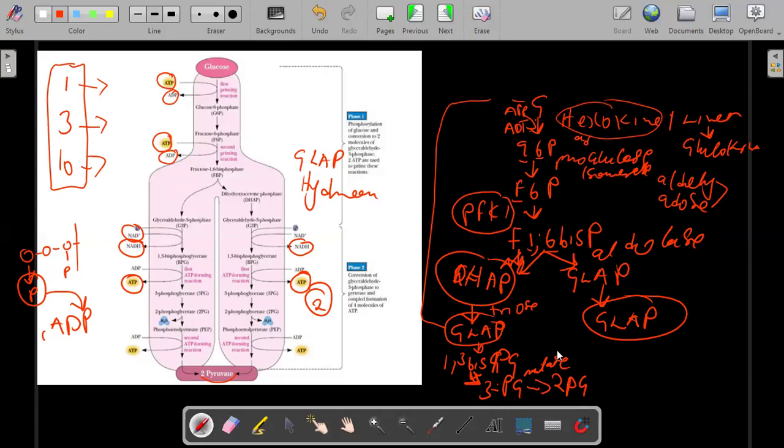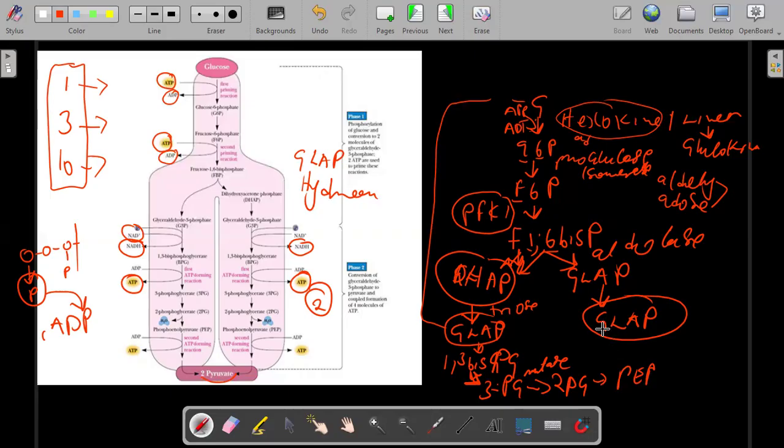Now from there, we are going to convert this 2-phosphoglycerate to PEP, which is phosphoenolpyruvate.